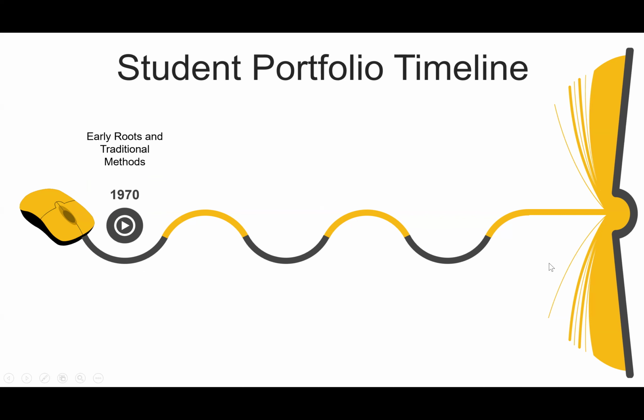So in 1970, there was an early roots and traditional methods about student portfolio. In the 1970s, the portfolio concept emerged from earlier practices in arts and design, where students would collect their works to showcase their skills.